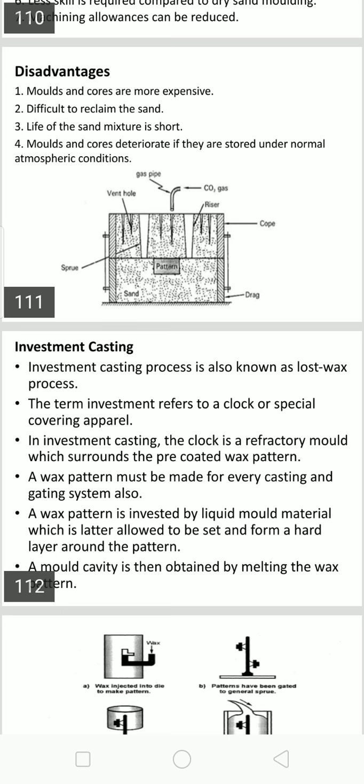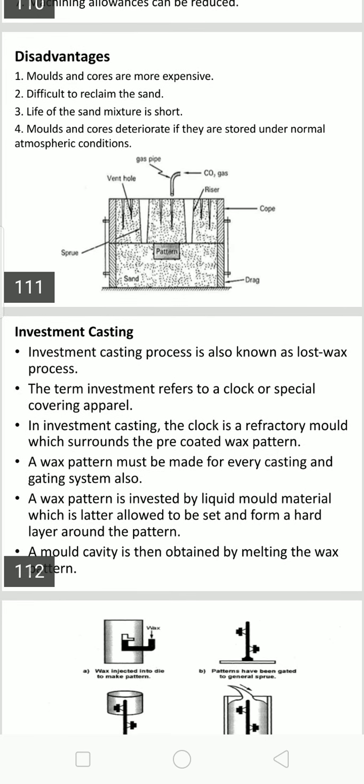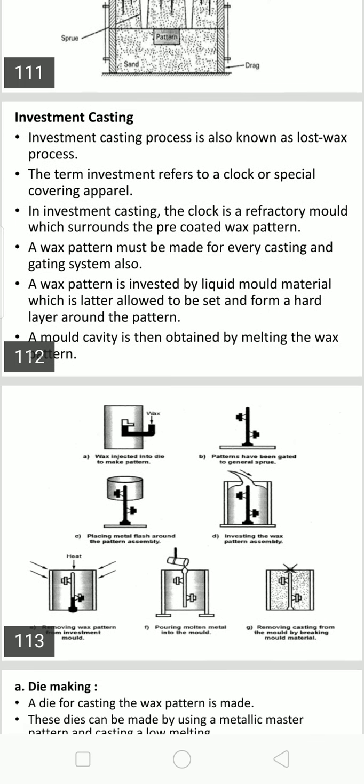In recent years, it has been popularly used for making golden inlays by dental surgeons, and this process has been used successfully for the production of turbine blades or jet engine blades. This process involves so many steps. Looking at the pictures, I will explain the process.